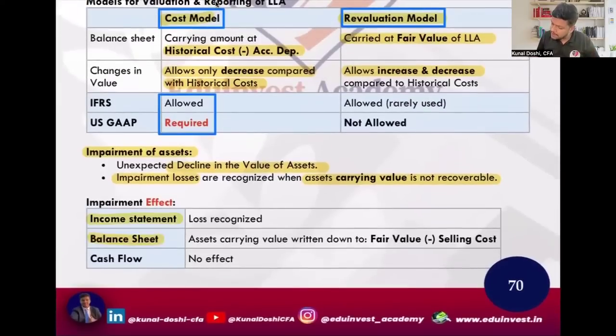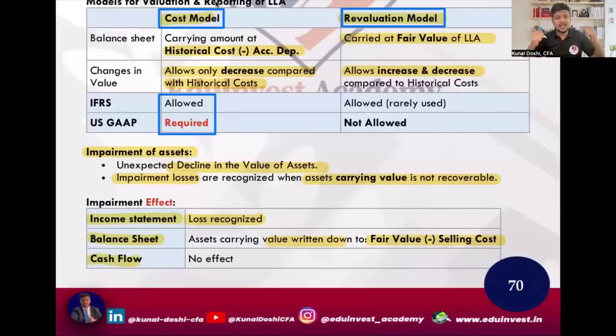Based on the impairment, what is the effect on the income statement, balance sheet, and cash flow? First of all, impairment is a loss. So on the income statement, the loss is recognized. On the balance sheet, the asset's value goes down. Fair value minus selling cost, that is what the asset's value on the balance sheet is. That will go down with the impairment loss. So the asset's value is written down.